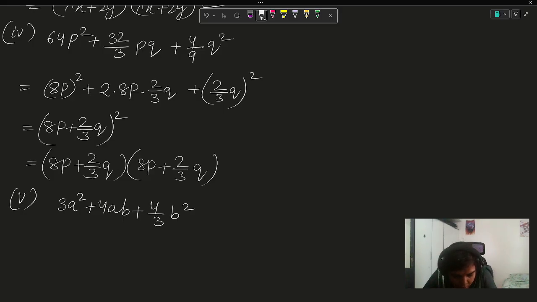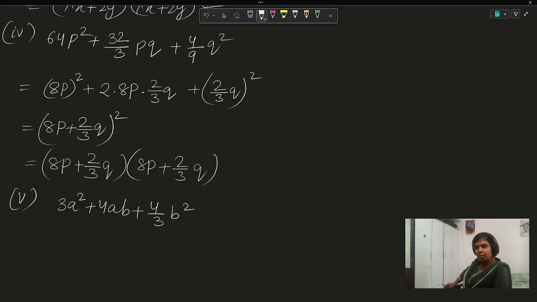Yes, 4ab. Is anything common in this? 3a square plus 4ab plus 4 by 3 b square. In this question, if you take anything common, the last term is 4 by 3.